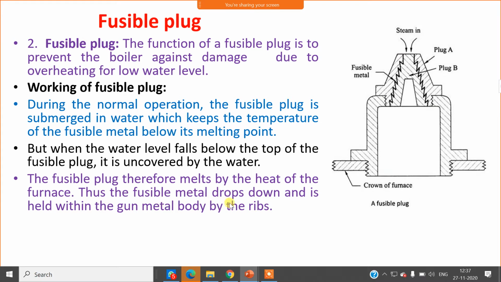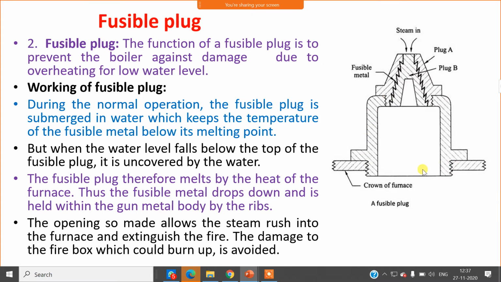Thus the fusible metal drops down and is held within the gunmetal body by the ribs. The fusible plug is made up of gunmetal, but the fusible metal is different. The metal which is going to melt is called the fusible metal. It is made up of different material, and the fusible plug is made up of gunmetal to avoid rusting.